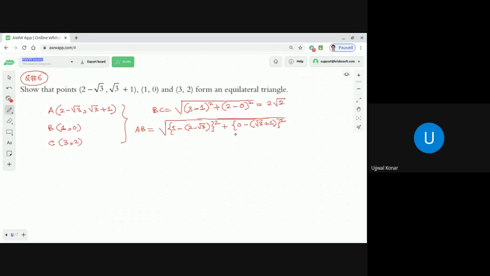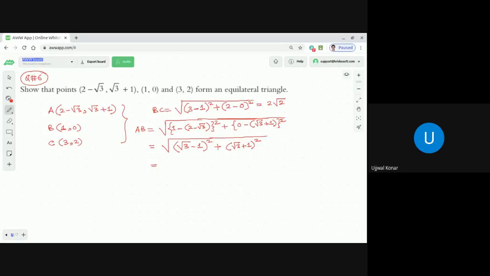Correct or not? So if you look into this, that becomes 1 minus 2 minus root 3. That means actually it is root 3 minus 1 whole square, plus minus of root 3 plus 1, that is root 3 plus 1 whole square. And here we should not expand the internal terms, root 3 minus 1 whole square.